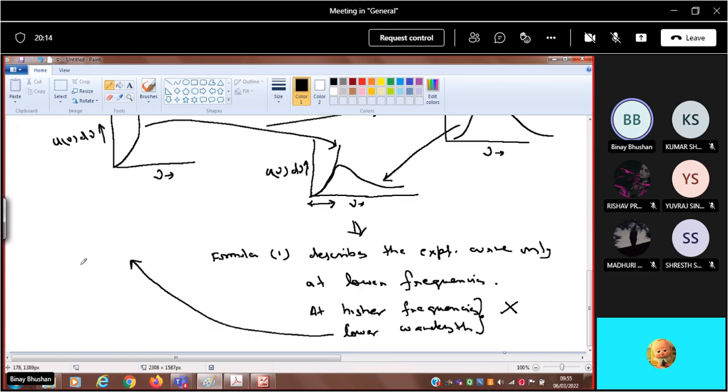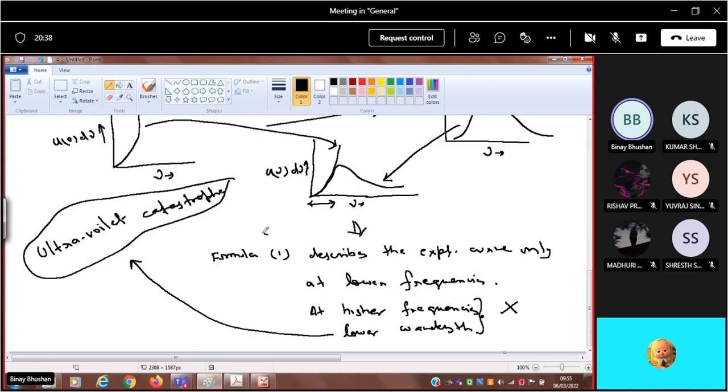That's why this phenomenon is better known as ultraviolet catastrophe. Catastrophe means a big disaster.